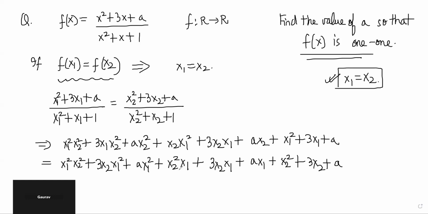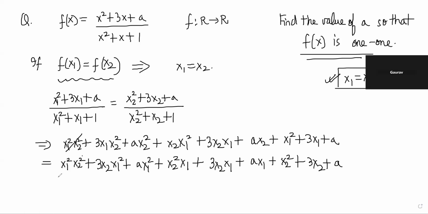Now notice that many terms will get cancelled, like this term and this term. Then we're getting cancellation here and here. Any other cancellation? A is getting cancelled. And now we'll take everything to one side and try to take factors. So basically this and this you can take factors: 3x1 x2 times x2 minus x1, right?